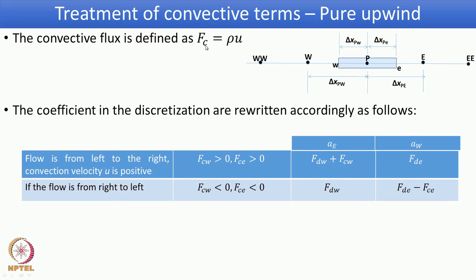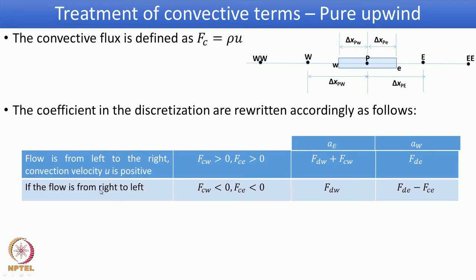So, F c is also positive. So, we write F c w greater than 0 and F c e greater than 0, then we have coefficients defined accordingly for the east face and east node and for the west node.